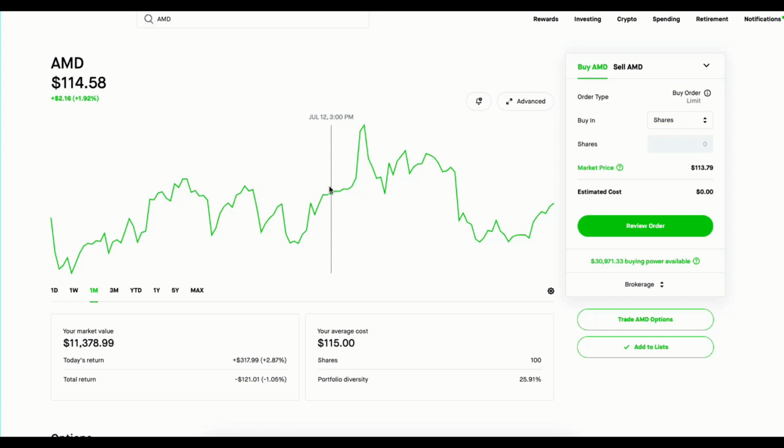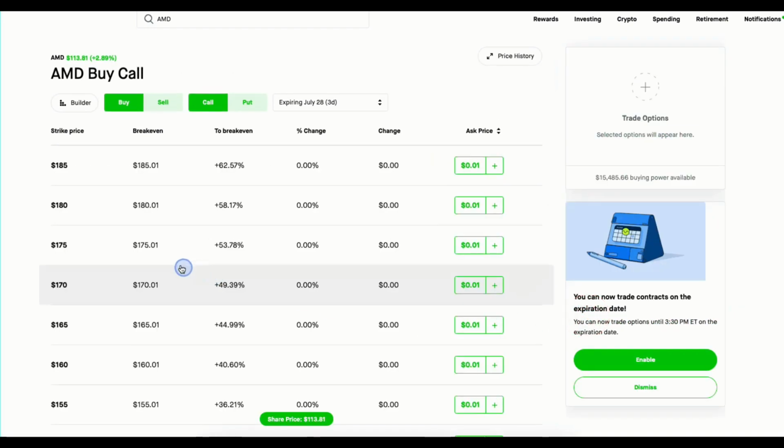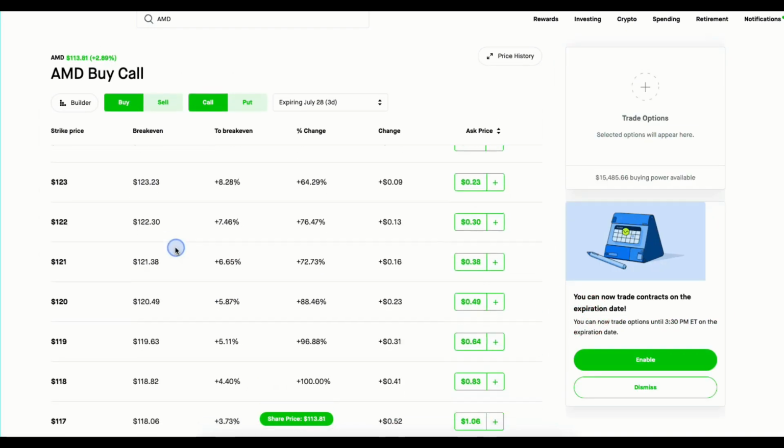The second thing, which is very important, is that you have to make sure there is no early assignment risk. Early assignment usually does not happen, but there's a chance it could.